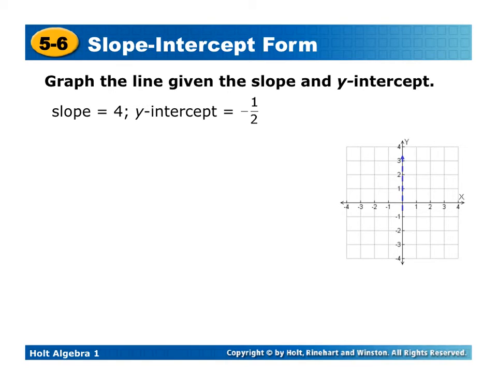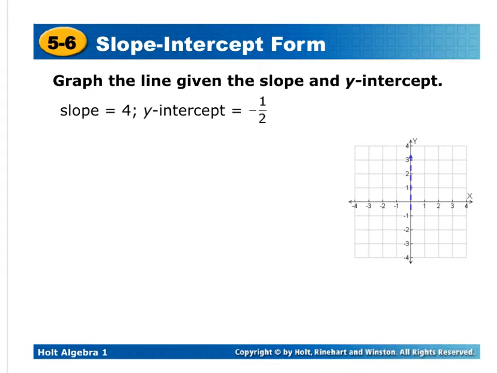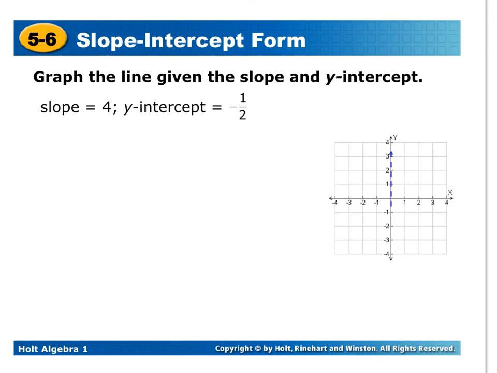Why don't you take out a piece of graph paper and see if you can graph the line using this slope and this y-intercept. So once again, our y-intercept is 4, so I'm going to draw a point at 4. My slope is -1/2, so I can either do that as -1 over 2 or +1 over -2.